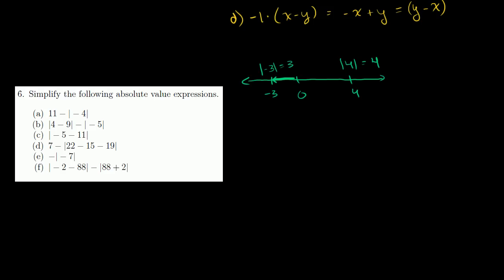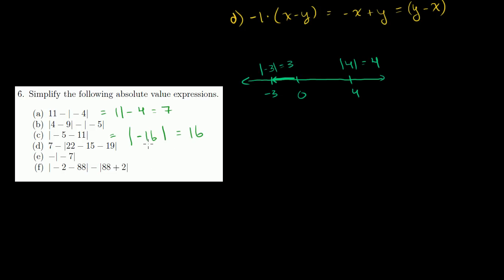So let's do these. 11 minus the absolute value of negative 4: the absolute value of negative 4 is just 4, so this is equal to 7. I'll do every other one of these problems. The absolute value of negative 5 minus 11. Negative 5 minus 11 is negative 16, so it's the absolute value of negative 16, which is just 16.